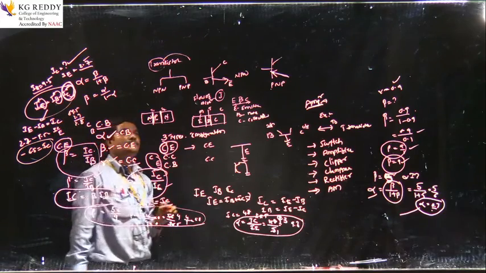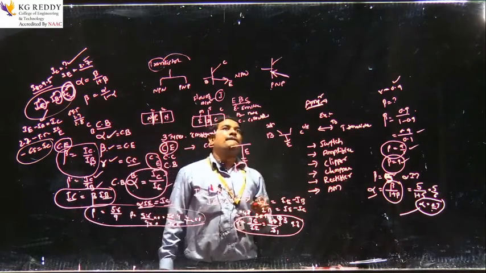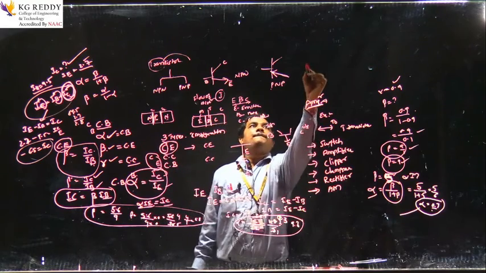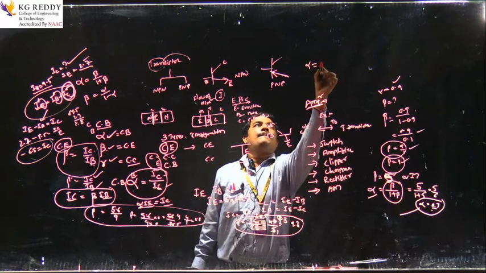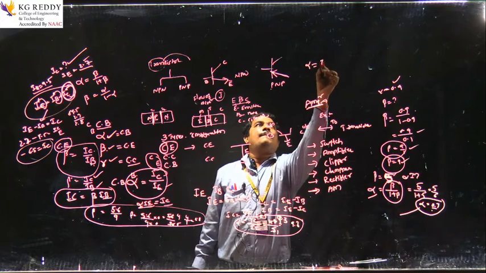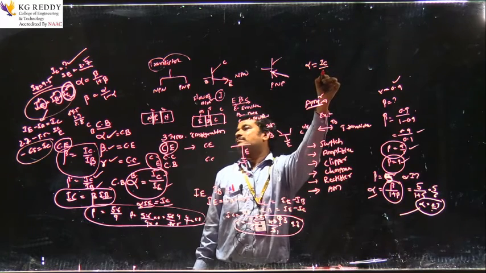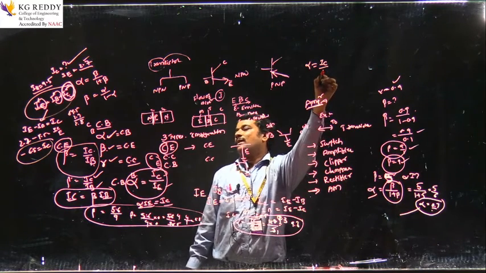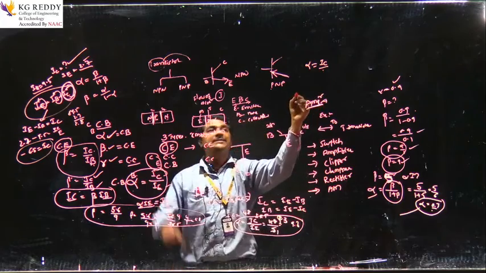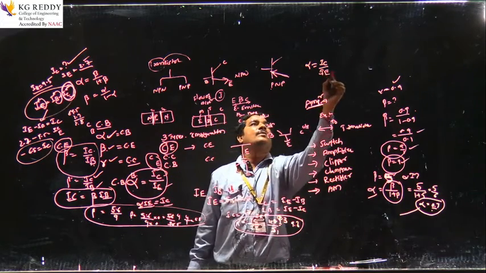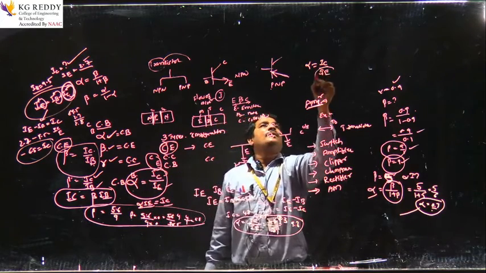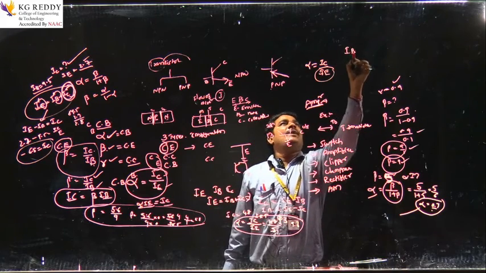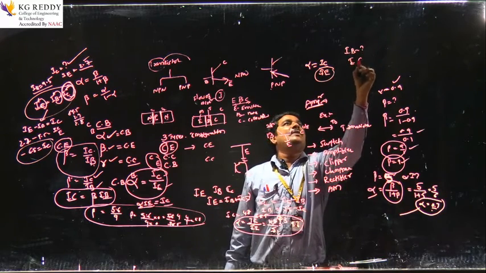Let us take alpha equal to IC by IE. The IB value is given and the IC value is given.